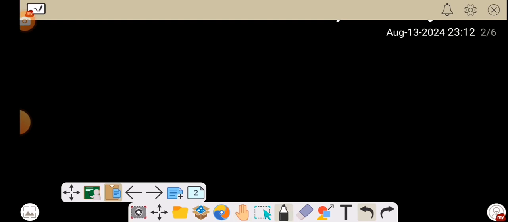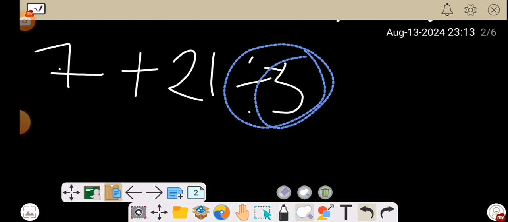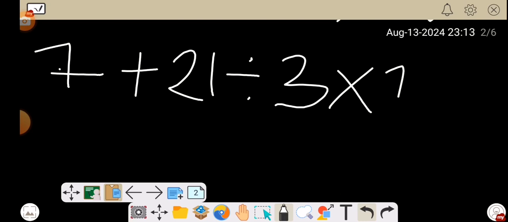So let us write it: 7 plus 21 divided by 3, multiplied by 7 minus 7.